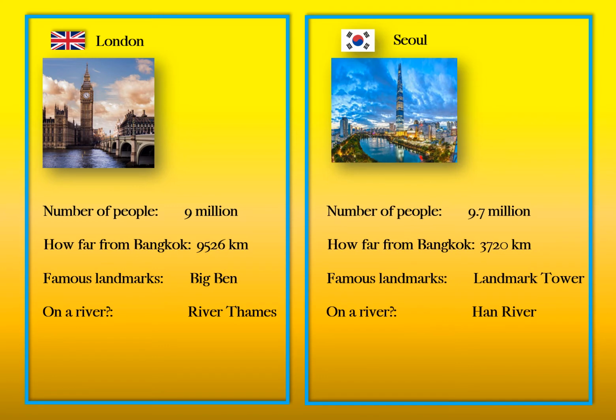The number of people in Seoul is 9.7 million. It is 3,720 kilometers from Bangkok. It has the famous landmark tower, which you can see in this picture. And it is on the Han River. Mae Nam Han. It is on the Han River.